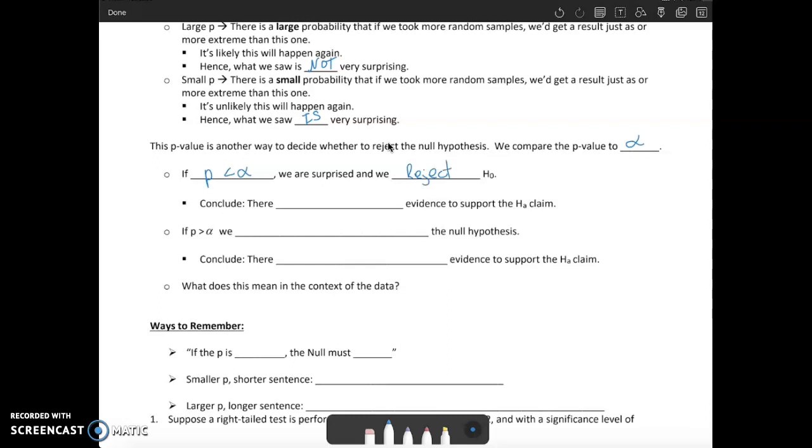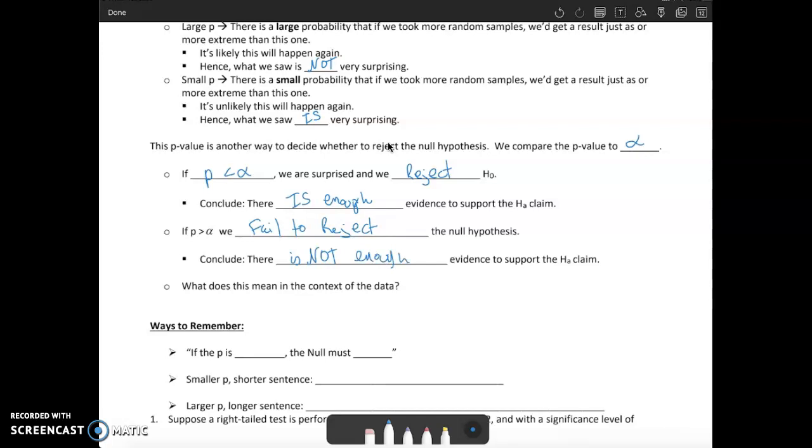Remember, when we reject the null, that means that there is enough evidence to support the alternate claim. However, if p is greater than alpha, we fail to reject the null hypothesis. We conclude that there is not enough evidence to support the alternate claim.